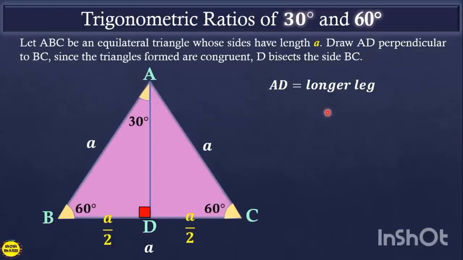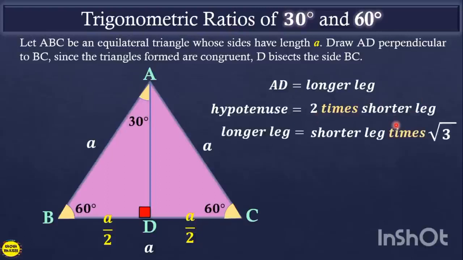So, in finding the longer leg, ito po siya. Since 30, 60, 90 right triangle po ito, ang gagamitin po natin ay hypotenuse is equal to 2 times the shorter leg. And para mahanap po yung longer leg, longer leg is equal to shorter leg times the square root of 3. So, hanapin natin itong longer leg. Apply natin tong formula. So, longer leg is equal to what is your shorter leg?